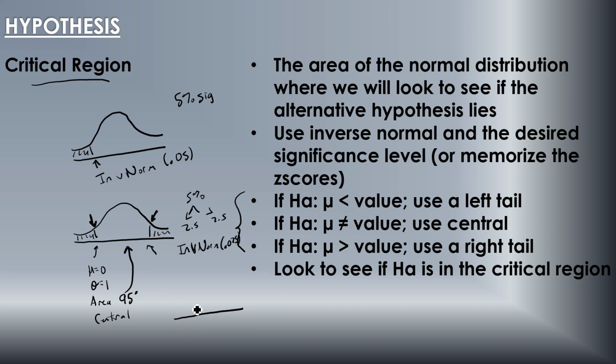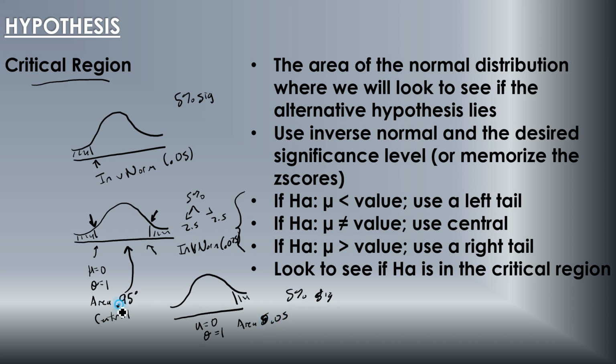Now, if HA is greater than a value, we're going to do a right-hand tail test, which means we'd be looking right here. Again, with a 5% significance level, on our calculator we could set our mean equal to 0, our standard deviation equal to 1, and find an area. We want this area over here on the right, so that's going to be 5%, 0.05.